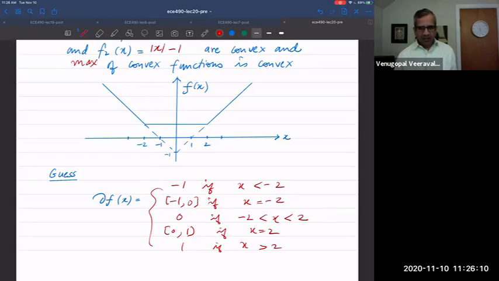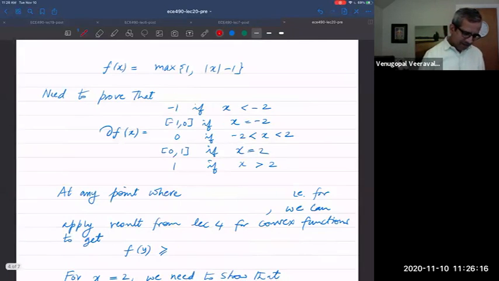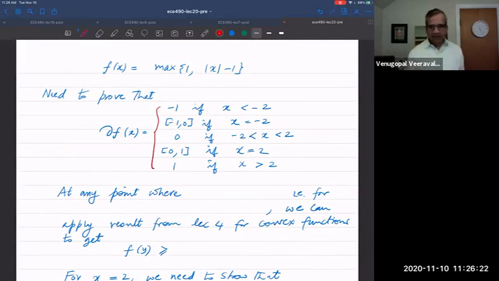All right. So now let's actually show that this is the case. We need to prove this. We need to prove that the subdifferential is given by this set here.